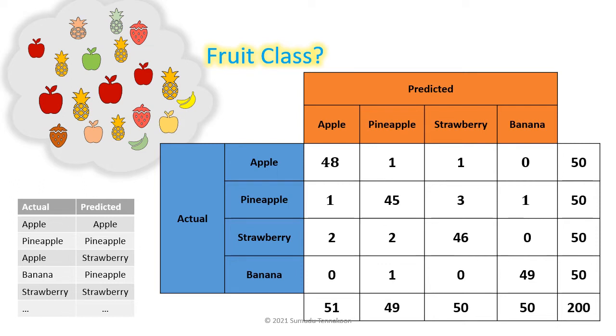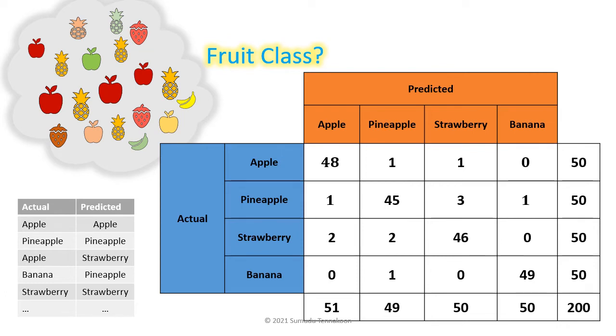Banana, 49 actual banana correctly predicted as banana from your model, right? If you focus on the last column, you will see this is a well balanced problem, because this is a made up problem. We provided 50 from each fruit type, and that's how we wanted to know how the model performs, right?